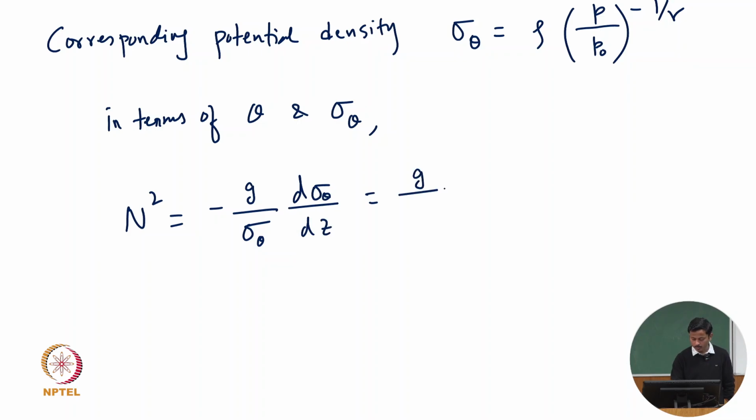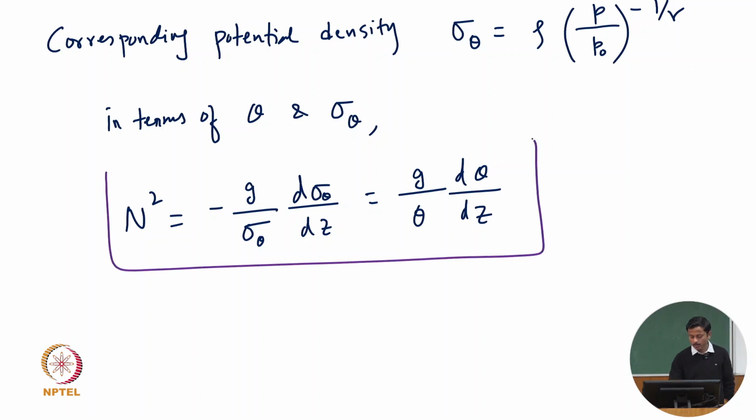This is equal to g by theta, d theta by dz. So this is a relationship between the Brunt-Väisälä frequency and the potential temperature and potential density.